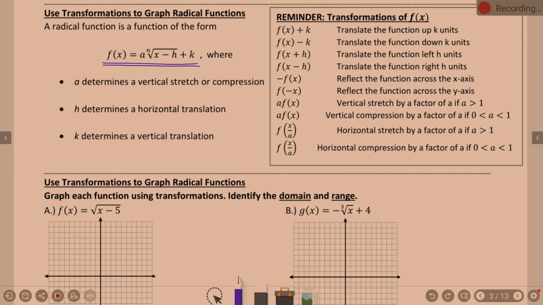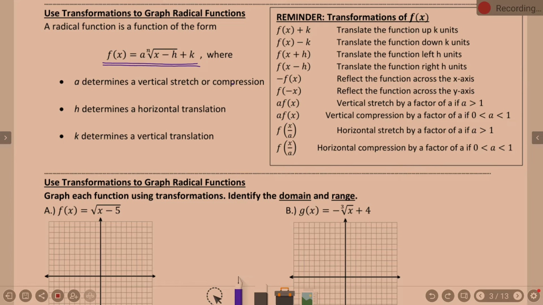But besides that, if you think about what we did first semester, a number that multiplies out front is your stretch or compression. So we're back to talking about vertical stretch and compression. H, what's the number under the radical with the x do? It tells our graph how far left or right to move, yes?